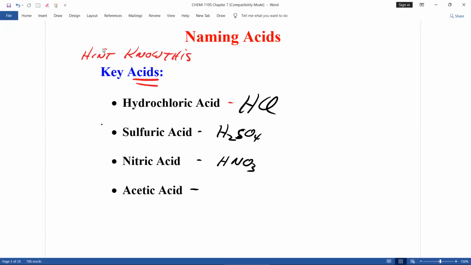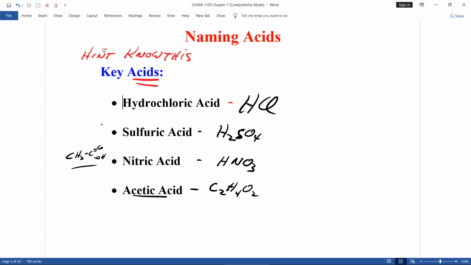And acetic acid. This is the actual structure. I don't know the empirical formula because I never use it.